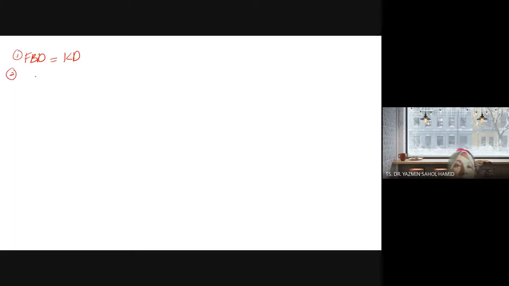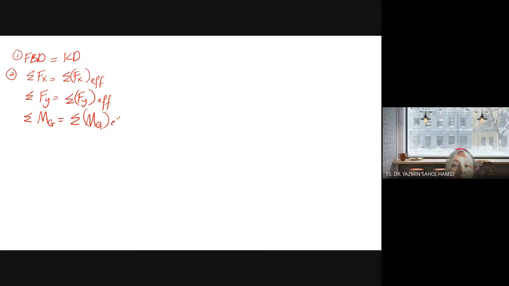Number two, we're going to use summation of forces Fx equals effective Fx, summation of Fy equals effective Fy. These are the important things you need to be alert about. And then we're going to take moment, so moment effective. Don't worry, when we go through the topic, you will see all the important things.